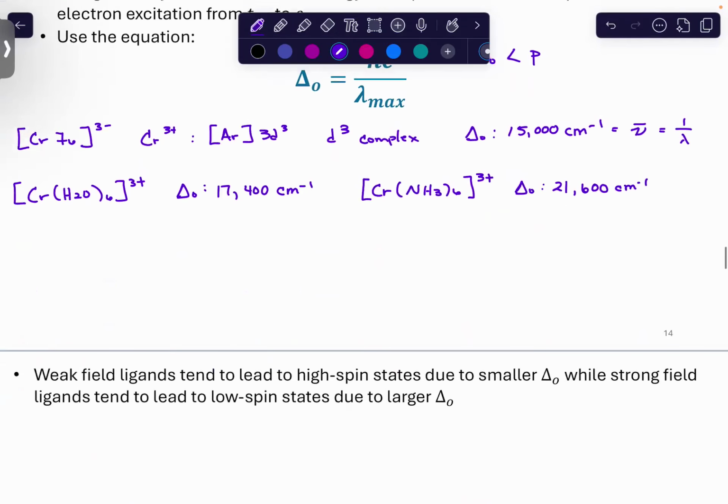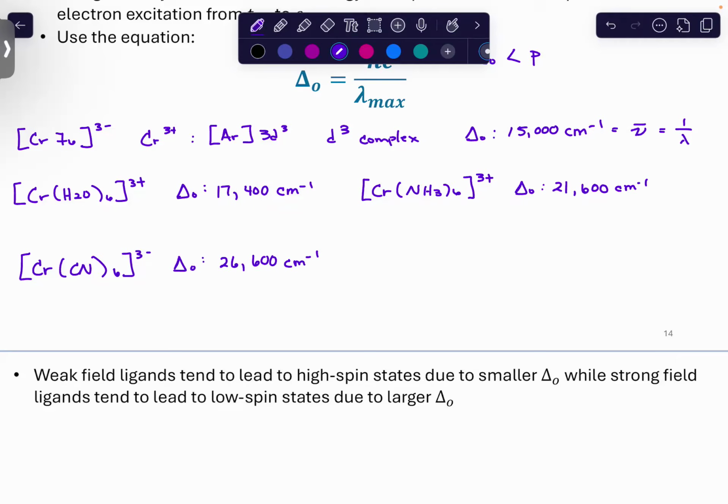Okay. What do you think is going to happen with this ligand? So this is still your chromium 3 d3 complex. Higher or lower energy? I think that was going to be higher, right? Yep. Because now we are in a definite strong field ligand. So yep, we get the highest energy of this grouping.